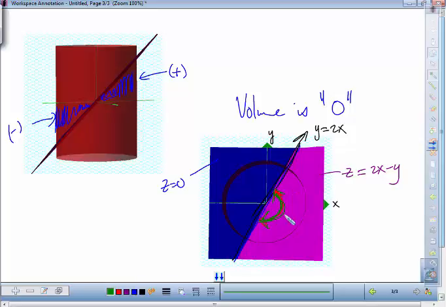So whatever this angle is from here to here, and then whatever this angle is from here to here. And then you can use arctan of rise over run, whatever the slope is. 2 is the slope. And then you should be able to get the angles that way. Okay.